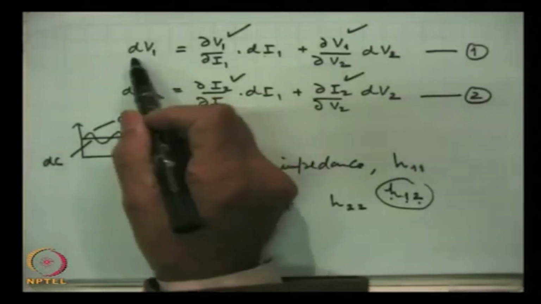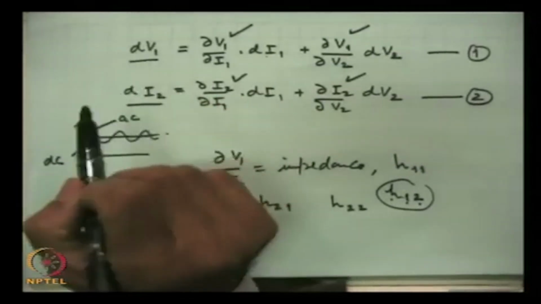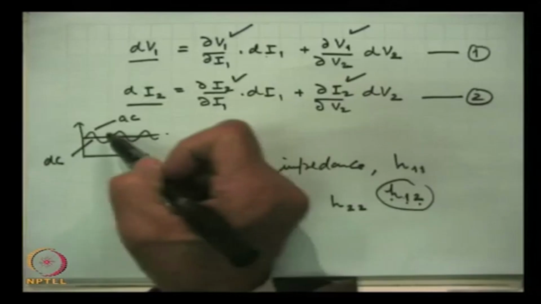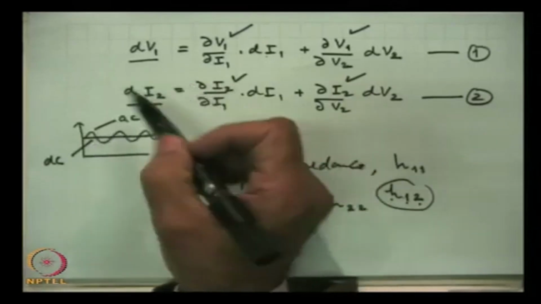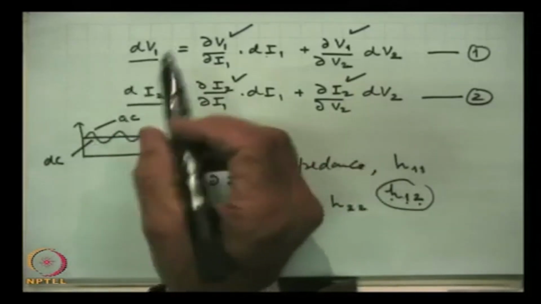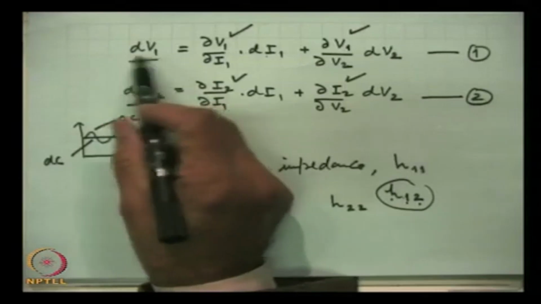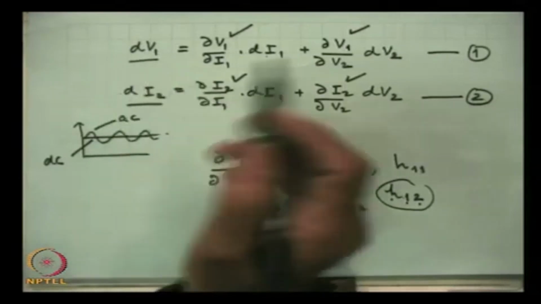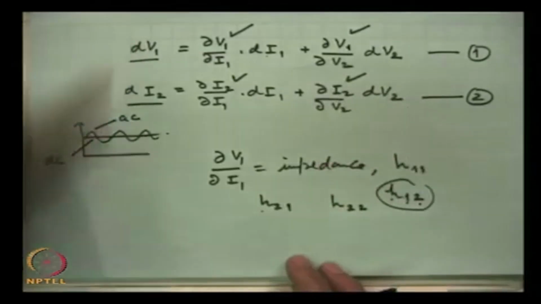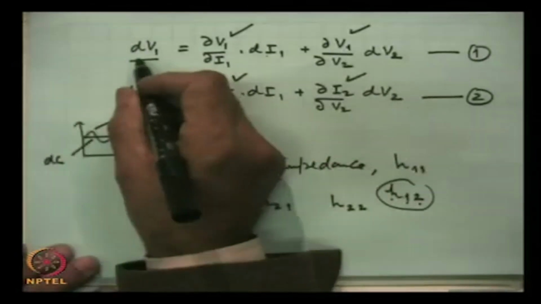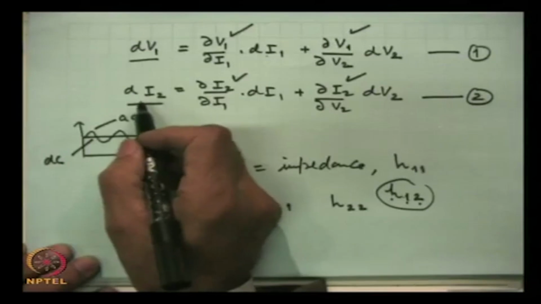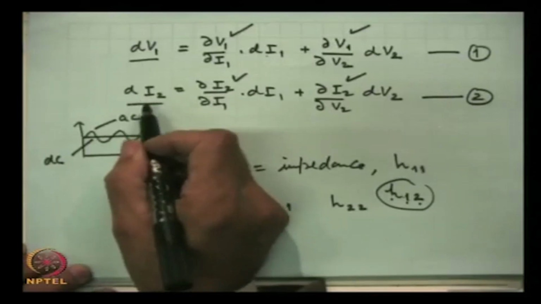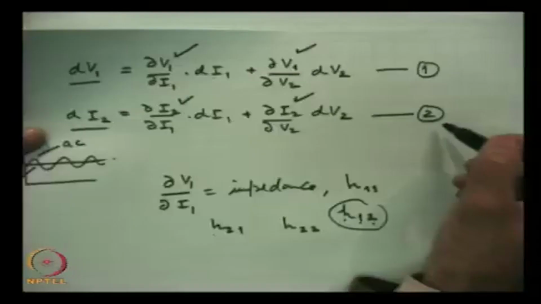Now, these are the variables, the varying quantity, and what will vary? DC is constant, AC part will vary. So, taking this voltage, AC quantities we write with small letters. So, we write this as small v1 and this we write as small i2.